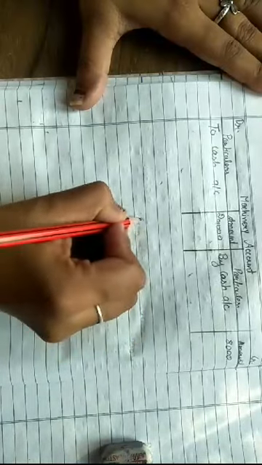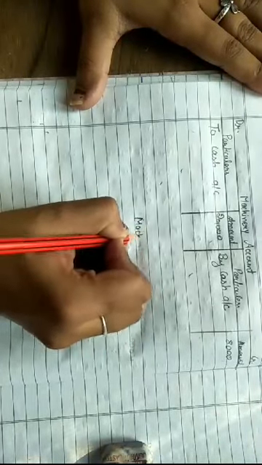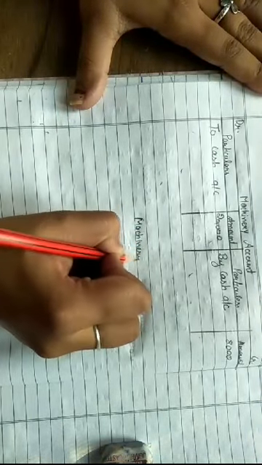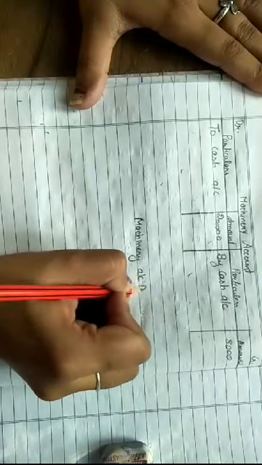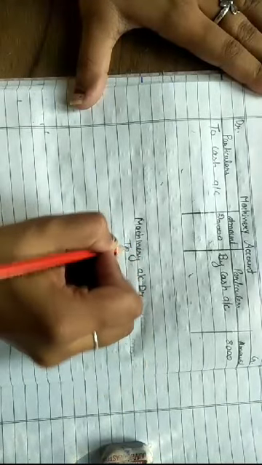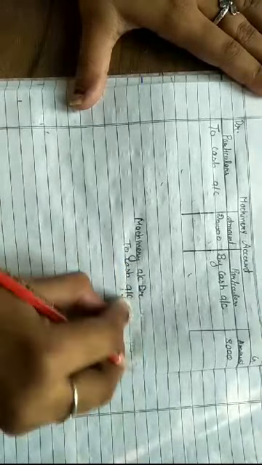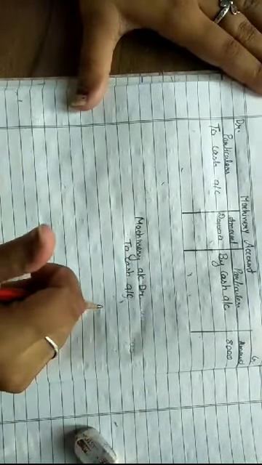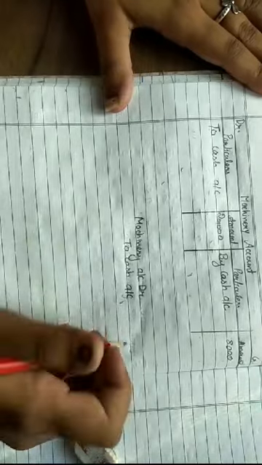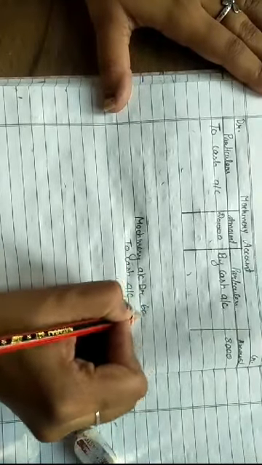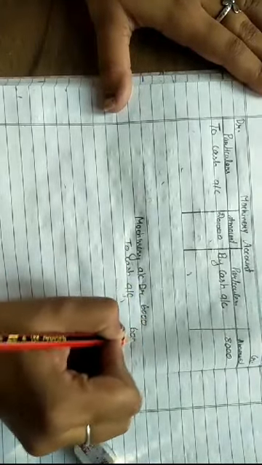The next transaction is machinery again purchased. When the machinery is again purchased, the journal entry is machinery account debit to cash account, because machinery is purchased by paying cash. The value of machinery which is purchased is rupees 6,000.